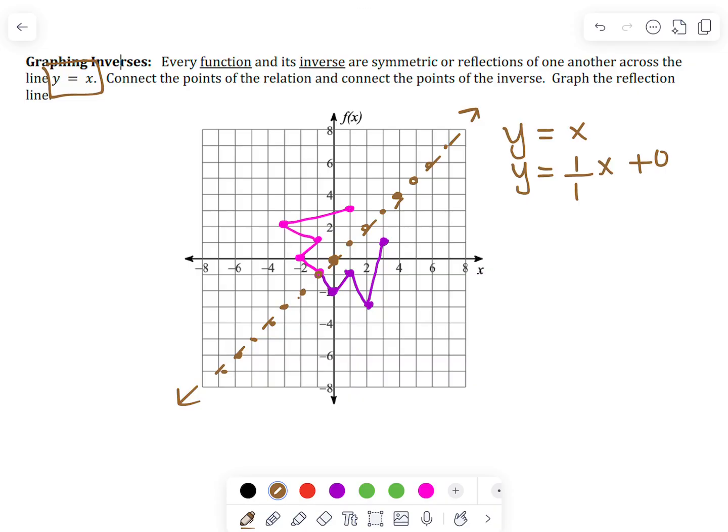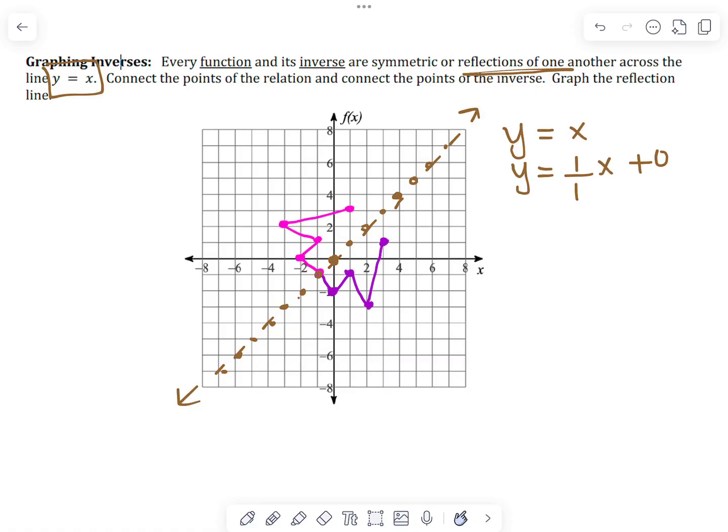Graphing every function and its inverse is going to be a reflection about this brown line here. So we notice if we were to fold on my smartboard or on this tablet, on this brown line, the pink and the purple would lie right on top of each other.